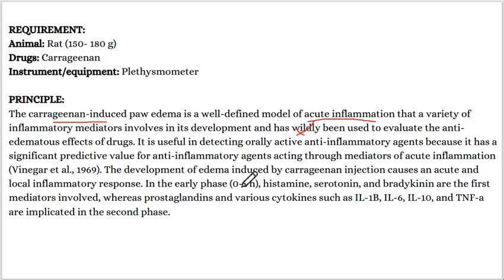In the early phase, 0 to 1 hour after carrageenan injection, histamine, serotonin, and bradykinin are the first mediators involved, whereas prostaglandin and various cytokines such as interleukin 1 beta, IL-6, IL-10 and TNF alpha are implicated in the second phase.